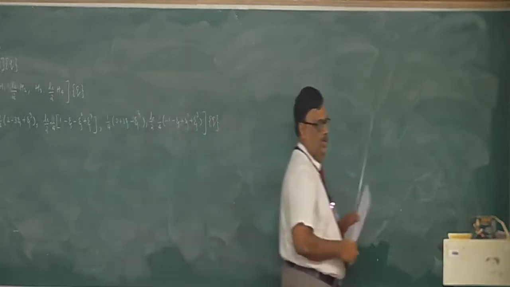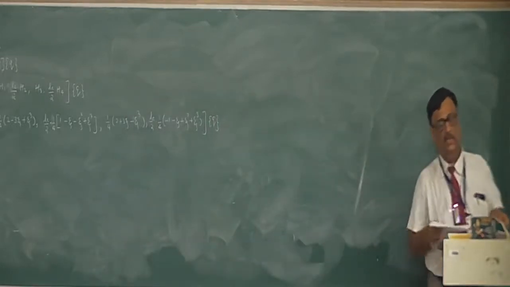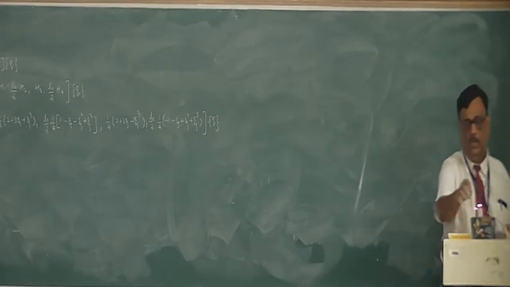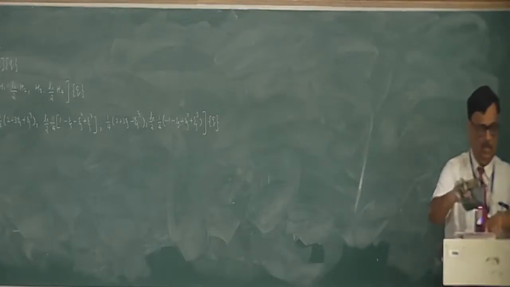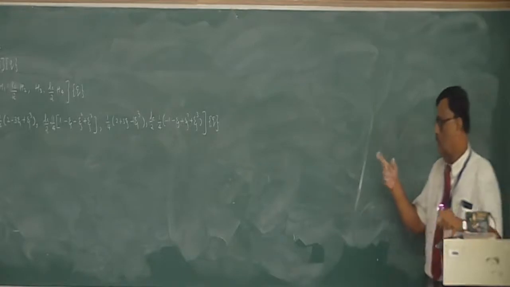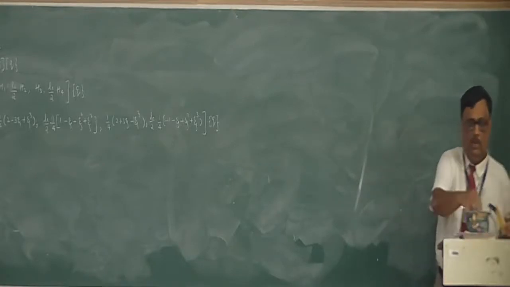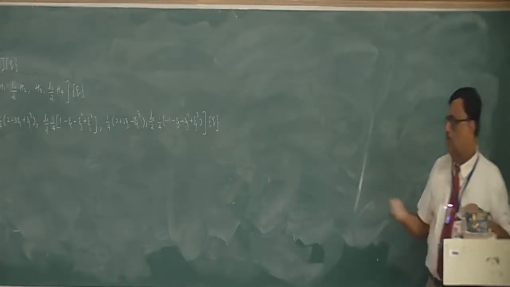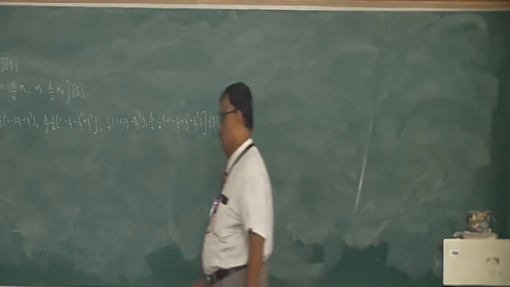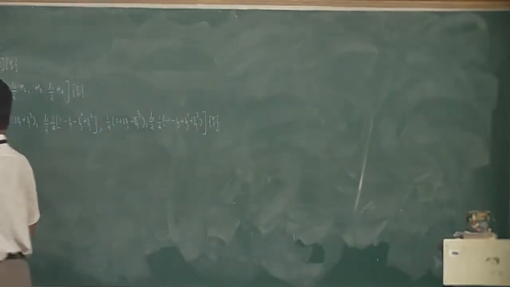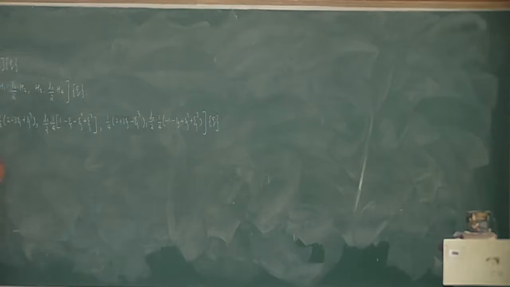Why I am telling this is, since our strain energy consists of d square V by dx square and the square of that, obviously we need to take this expression and go on differentiating it. If you write the strain energy equation, it is half, 0 to L, EI into d square V upon dx square whole square into dx.